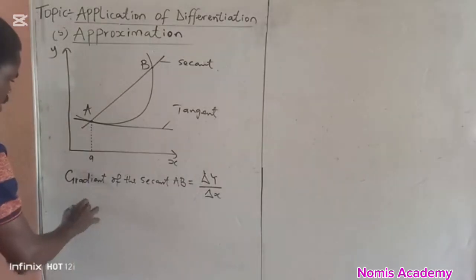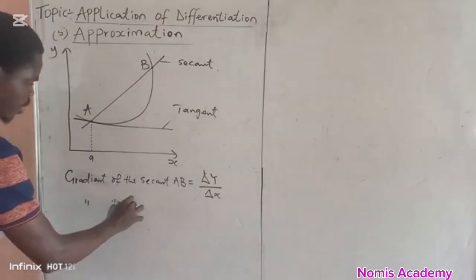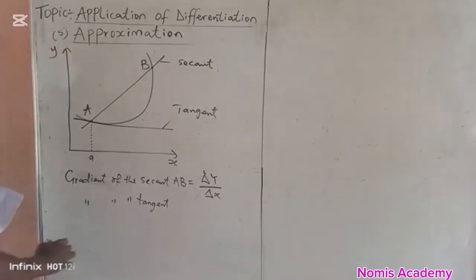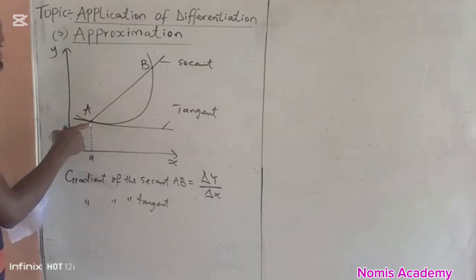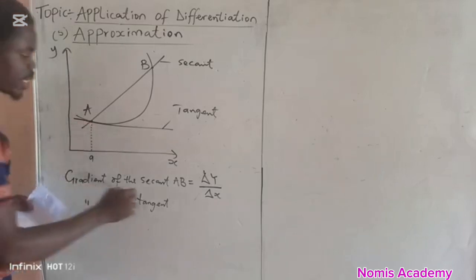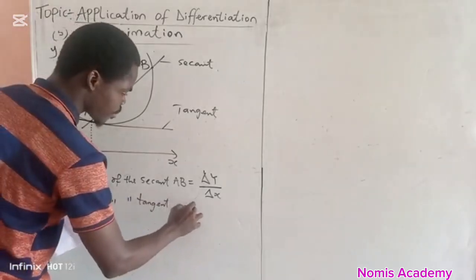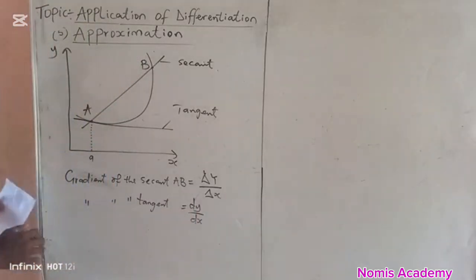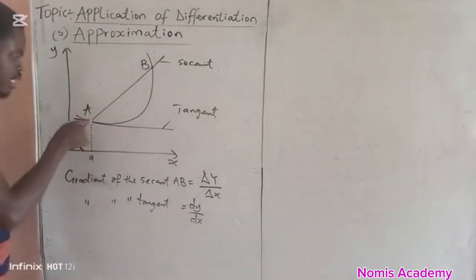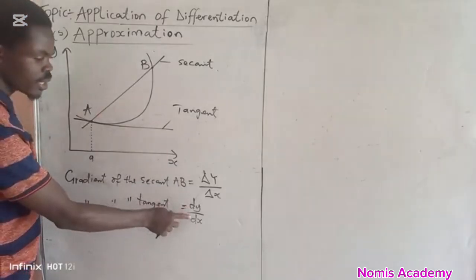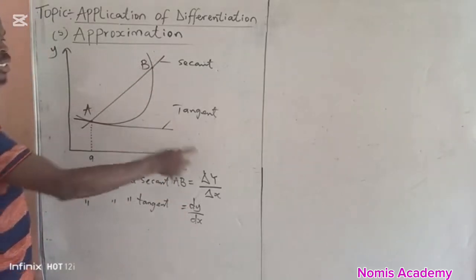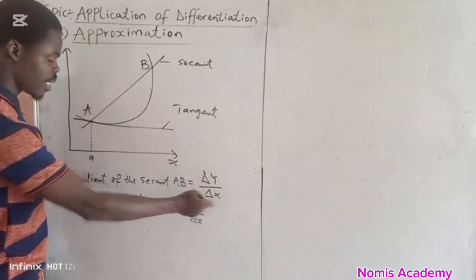While the gradient of the tangent at point A is given as dy over dx. So the gradient of the tangent at point A is dy/dx, while the gradient of the secant line is delta y/delta x.